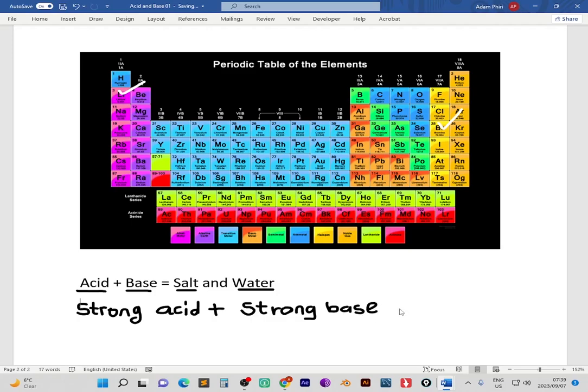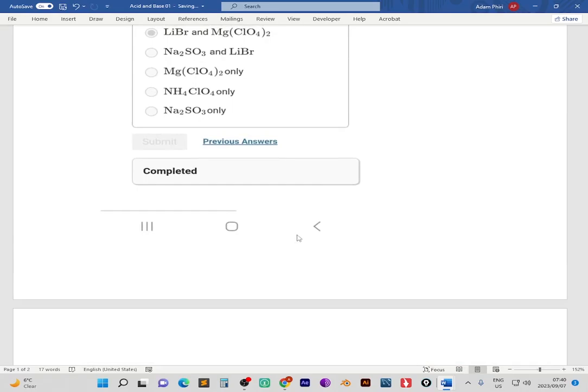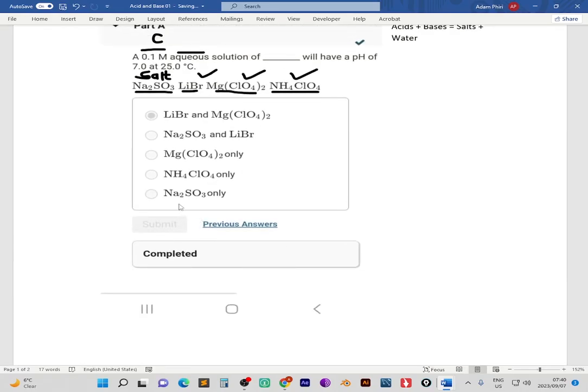That balance is what we call neutrality, and we expect a pH of roughly 7.0. Let's go further. Neutrality will give us a pH of 7.0.